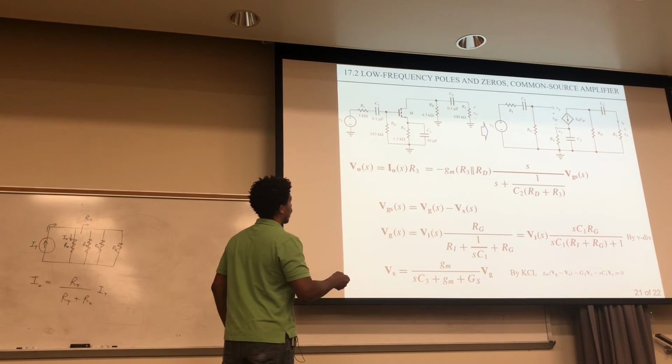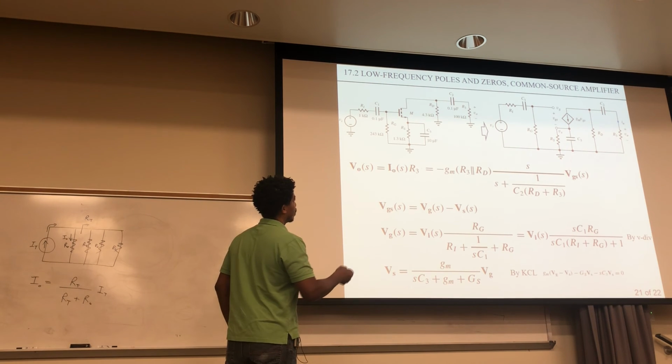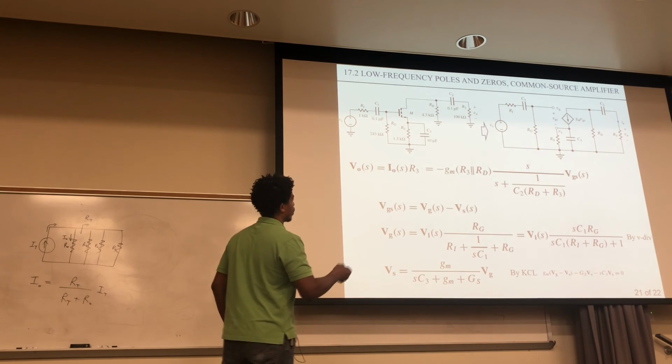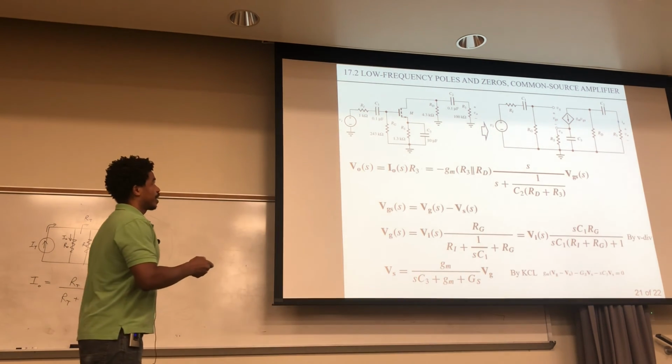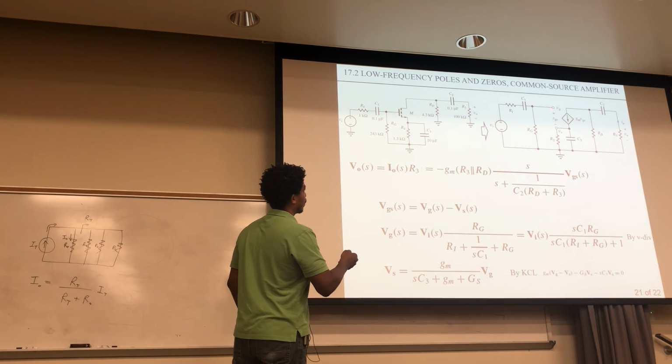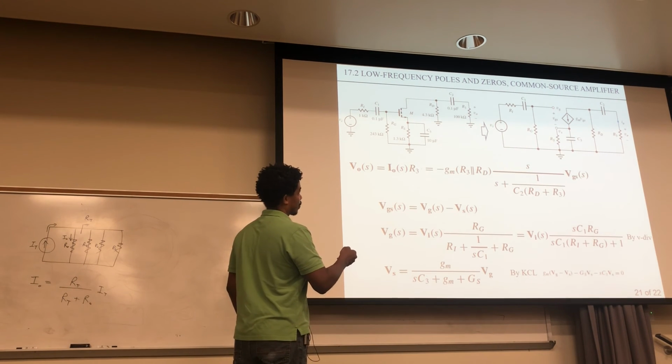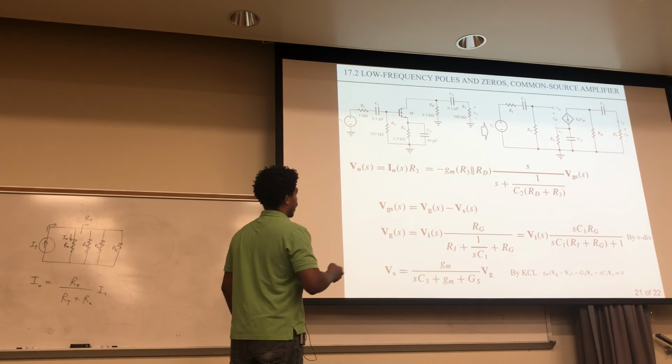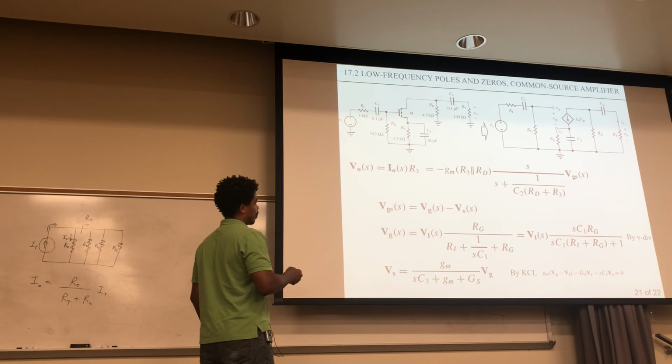Also you have this voltage VGS, which is that right there. That voltage is between the gate and the source. So here's the gate voltage, here's the source voltage, and VGS is equal to VG minus VS.